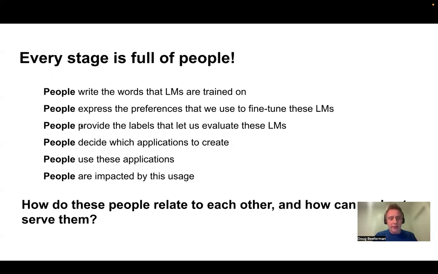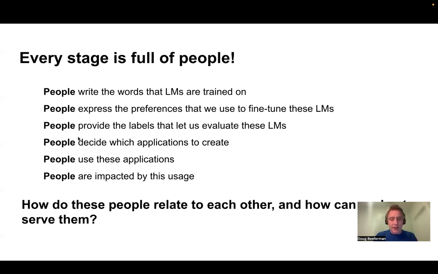Our evaluation sets are based on human annotators, people who label the data to determine whether the language model is accomplishing some task.